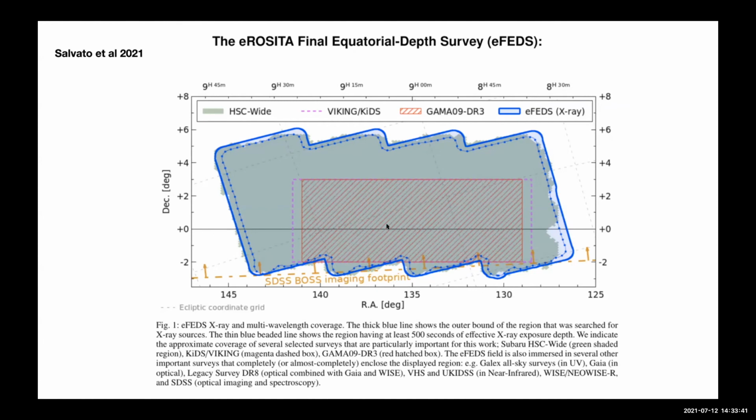Namely, in the area here in red, we have the KiDS. So you have u, g, r, i, Z, and then you have deep VIKING near-infrared photometry, in addition to GALEX and what else I'm using, and of course WISE. The WISE is coming from the deep photometry in LS8.